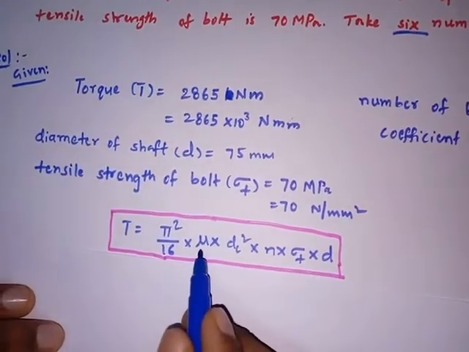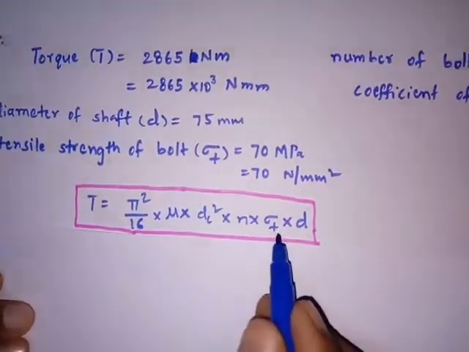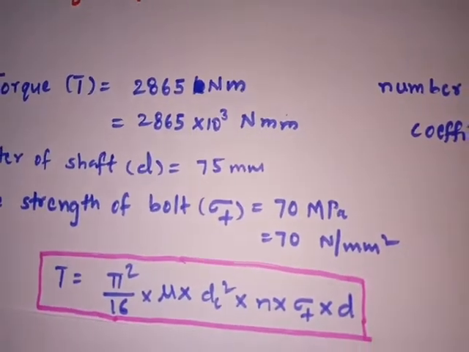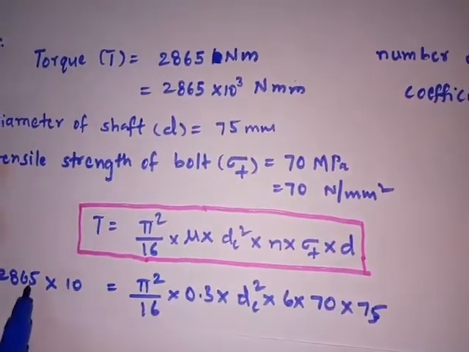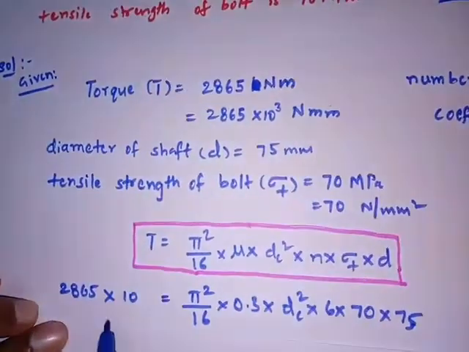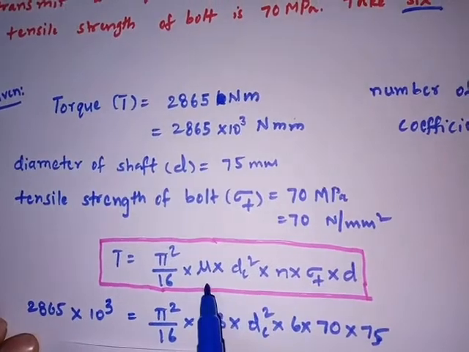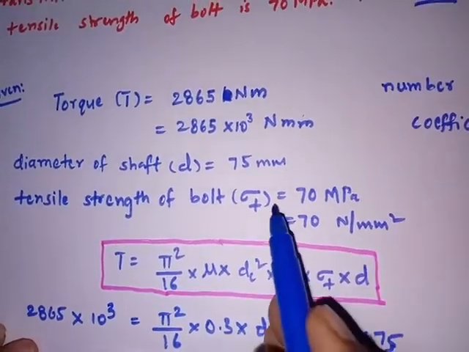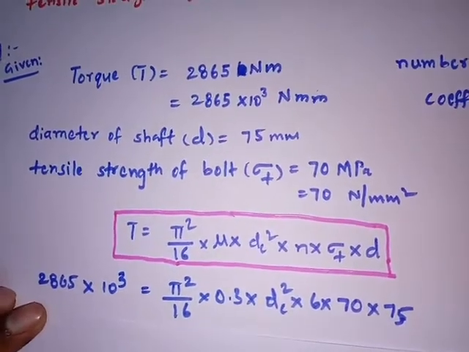So here mu is the coefficient of friction, dc is the core diameter of the bolt, n is the number of bolts, sigma t is the tensile strength of the bolt, and d is the diameter of the shaft here. And if you substitute all the values here, we have substituted the torque value in Newton mm, mu value 0.3, number of bolts 6, sigma t given as 70, and diameter of the shaft 75 mm.